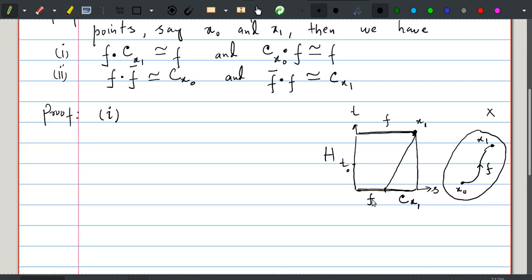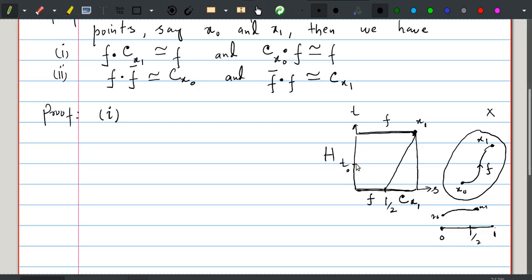So what happens at time t equal to 0? At time t equal to 0, in the half interval, H travels little f from x0 to x1, and in the next half interval it stays at x1 all the time.